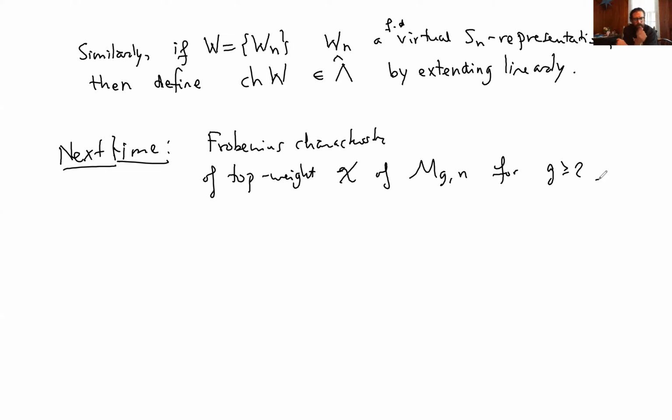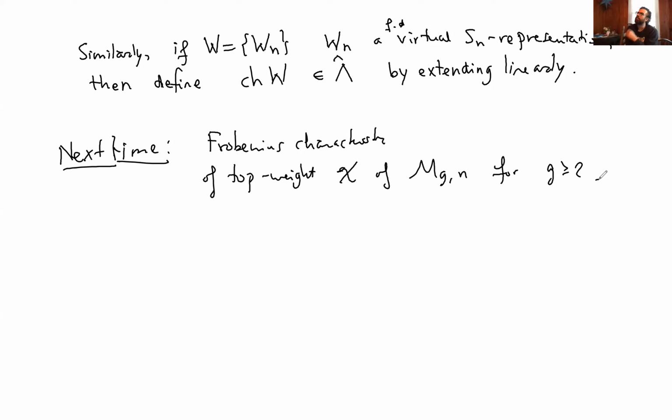Yes. So if I'm going to get some kind of characteristic that lives in that completion, then I would assume that this sequence of representations, if I truncate them, should all be the same representation up to truncation, so that I actually have something that'll live in that completion. I mean, no, the completion is just formal. It's akin to allowing power series instead of polynomials.